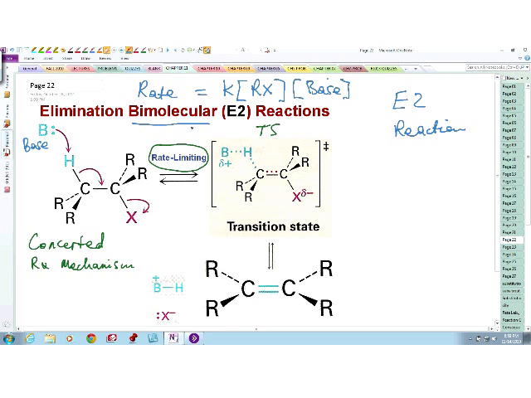In other words, the step of this reaction mechanism, which is the limiting step that determines the rate of the reaction, depends on the concentration of the base and the concentration of the substrate. And that is why we call this bimolecular reaction. And that is where the 2 of the E2 comes from. Of course, the E simply says it is elimination. Okay, so let us give you a few examples.